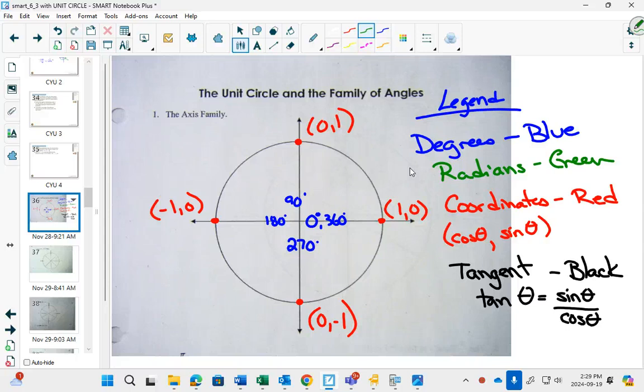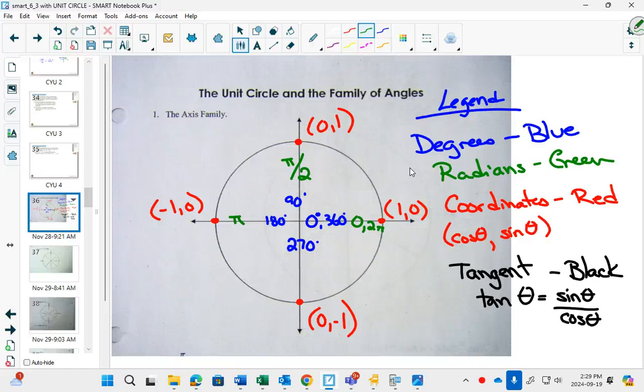I'm going to put radians in this section. So 0 is obviously still 0, but 360 degrees is 2 pi radians. Halfway around the circle, 180 degrees, we know that's pi radians. 90 degrees is half of 180, so 90 degrees is pi divided by 2.